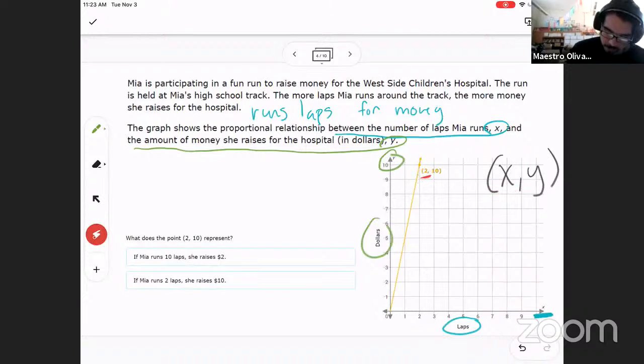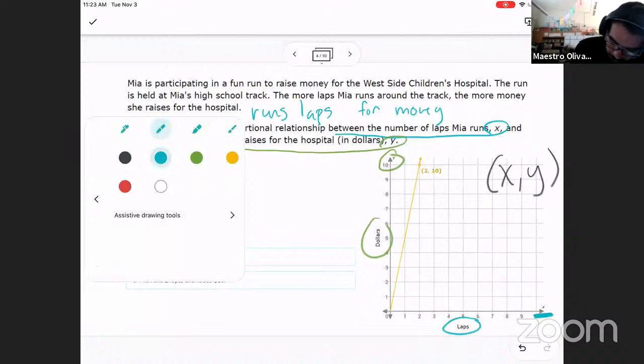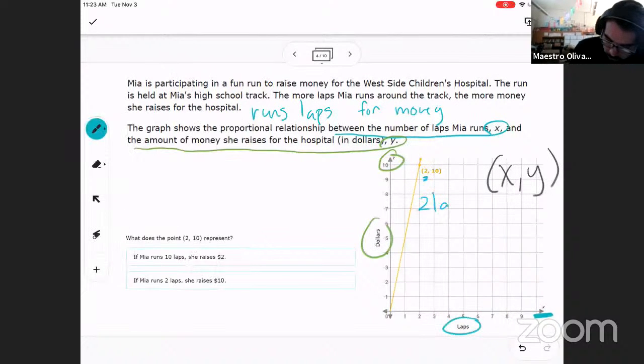This 2, is it 2 laps or $2, Marcos? You can either unmute yourself and tell me, or you can write it in the chat. Yeah, Marcos, 2 laps. Awesome. So this means 2 laps. She runs around the track twice. Beautiful.